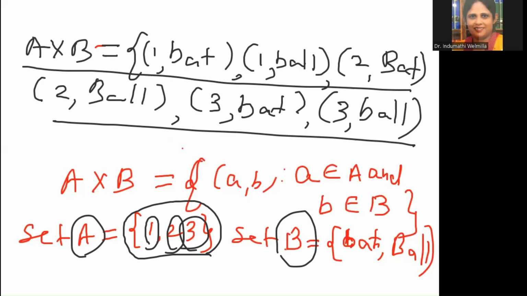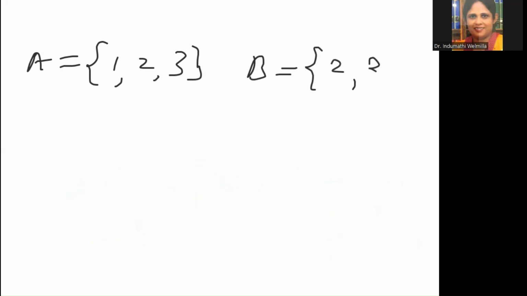Another important thing is the difference of sets. If A and B are two sets, then A difference B is a set which has elements of A but no elements of B. It is denoted as A minus B. As an example, if A equals {1, 2, 3} and B equals {2, 3, 4}, then A minus B is equal to what?